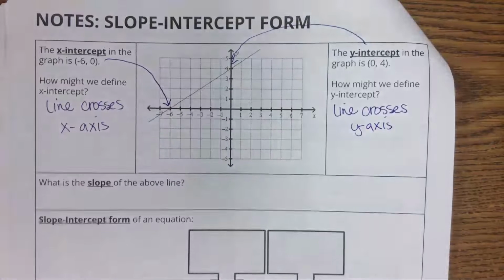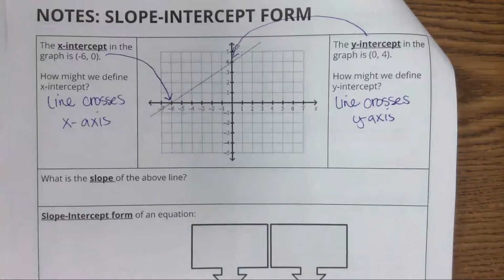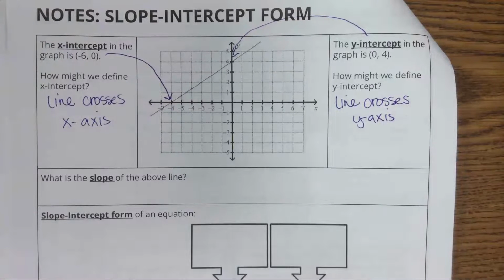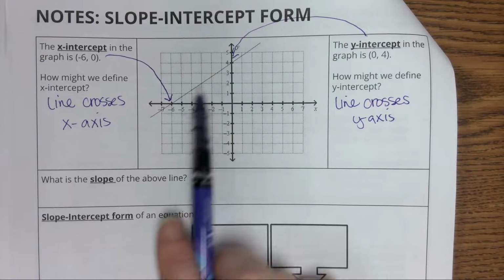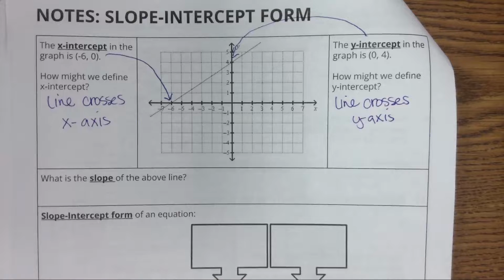So, can you do rise over run and tell me what the slope of that line is? You can even use this and that to do it. Go up and over. Or use smaller points.